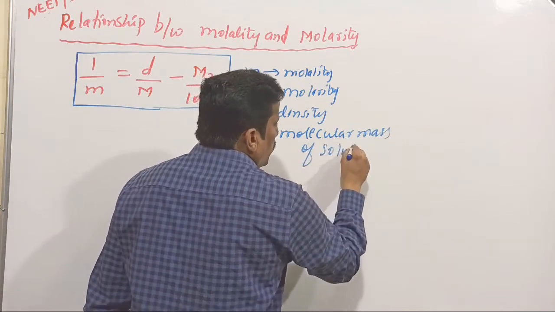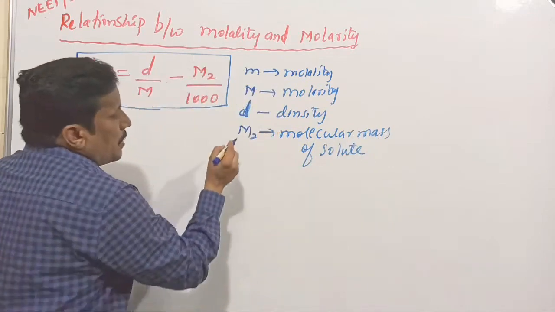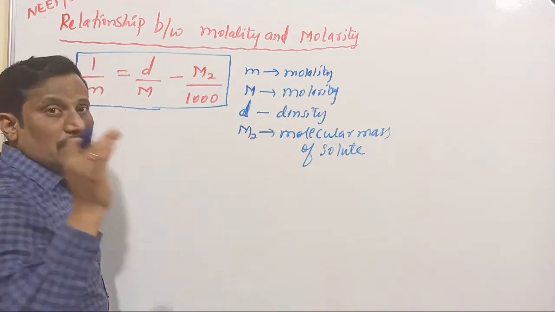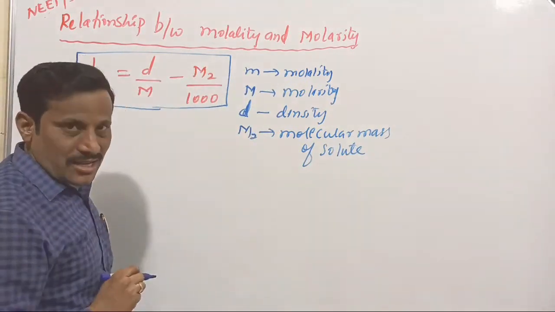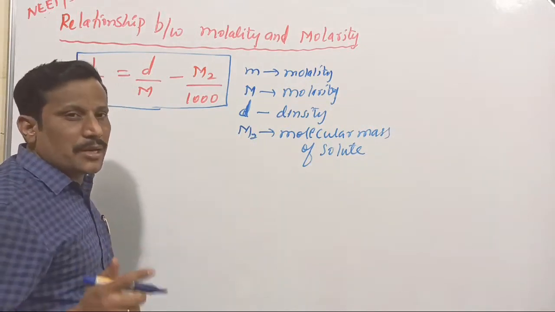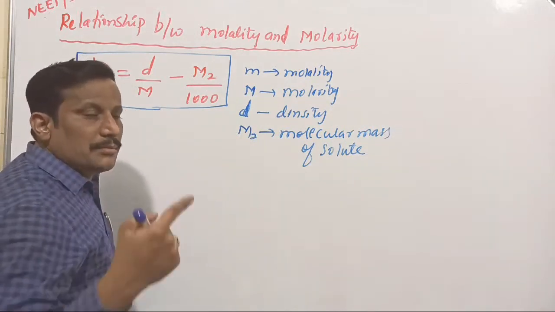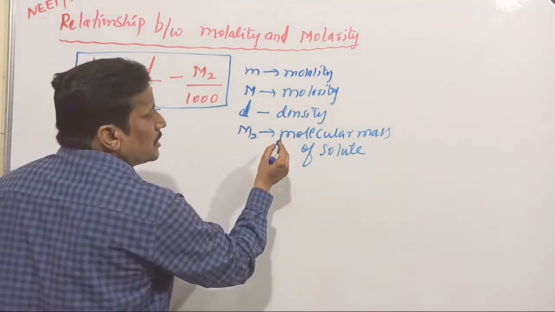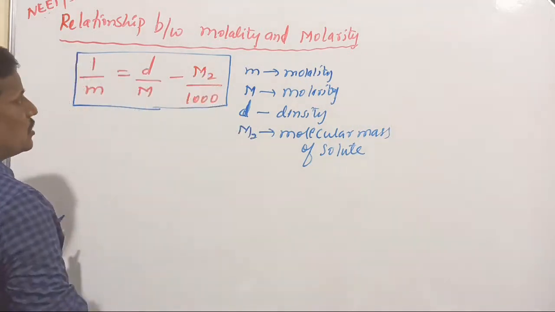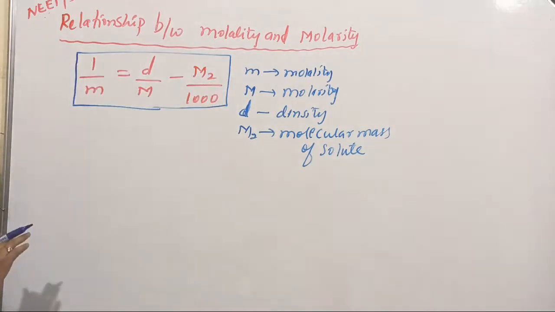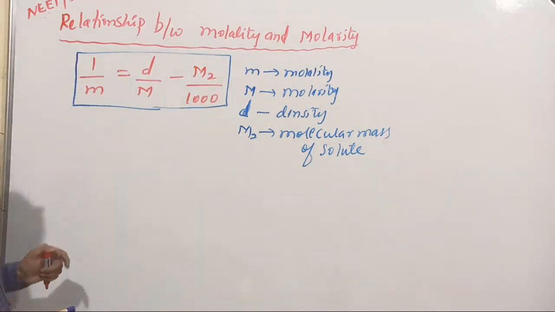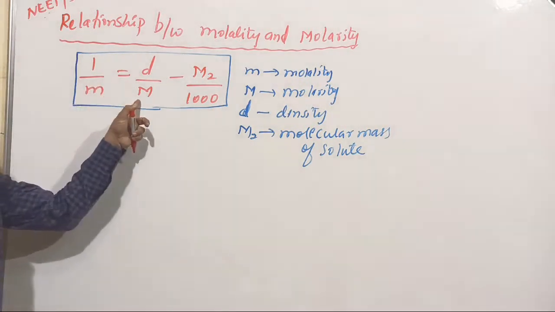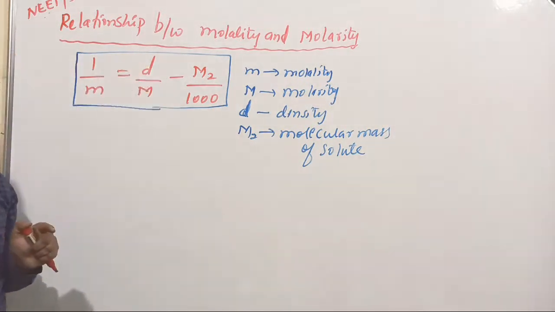As I said in yesterday's class also, I take 2 for solute and 1 for solvent. Remember, in this entire chapter, M2 means molecular mass of the solute. So this is one expression which gives the relation between molarity, molality and density.